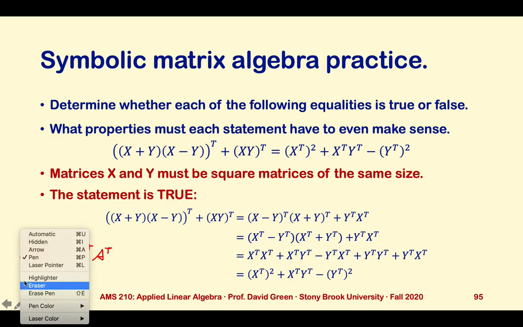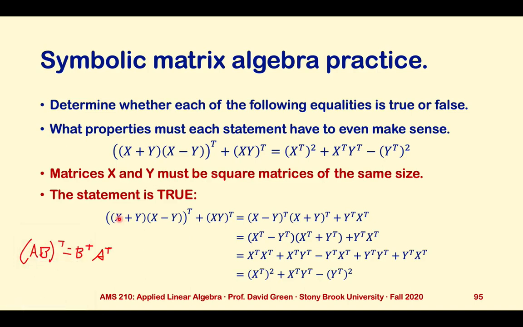So what does this mean? X plus y times x minus y transpose becomes x minus y transpose times x plus y transpose. Swapping the order with respect to here. X y, all transpose becomes y transpose x transpose. We then distribute the transpose through these sums and differences.